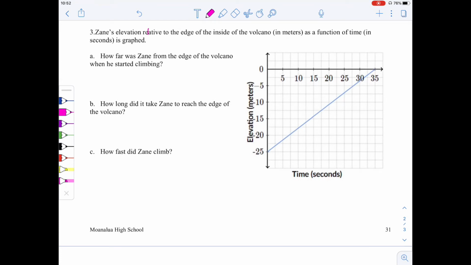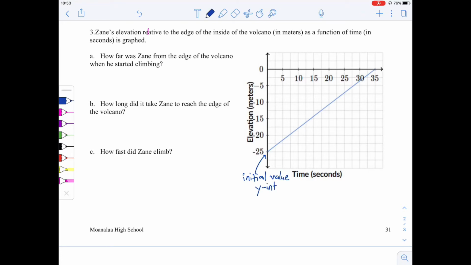So relative to the edge of the inside of the volcano in meters as a function of time in seconds is graphed. How far was Zane from the edge of the volcano when he started climbing? Right, so remember our initial value is always our y-intercept. So this right here is our initial value, and that's our y-intercept.